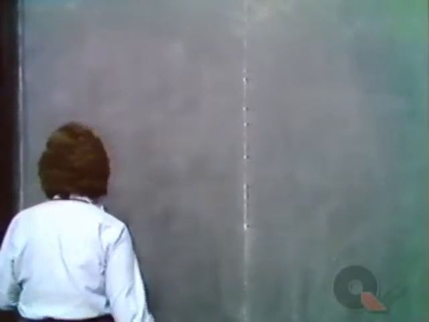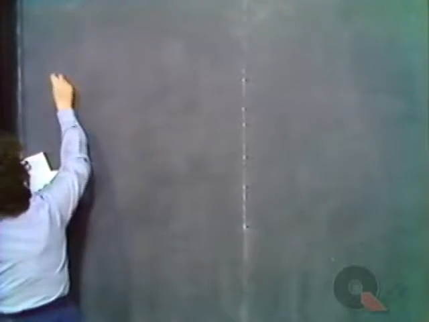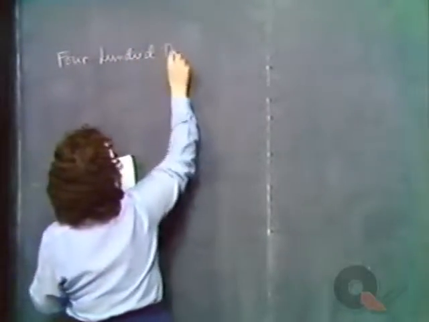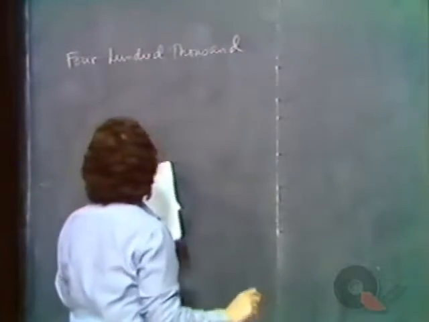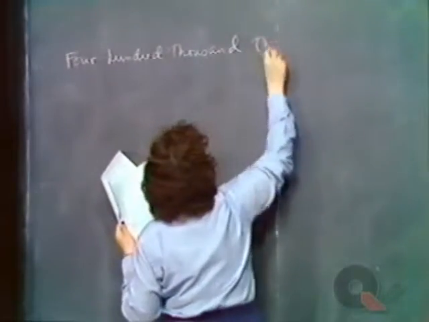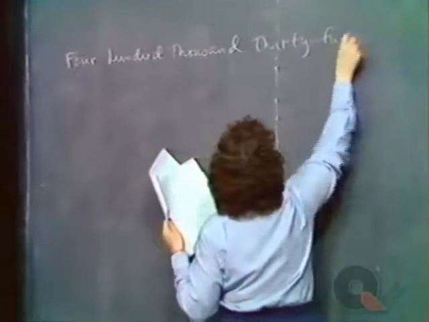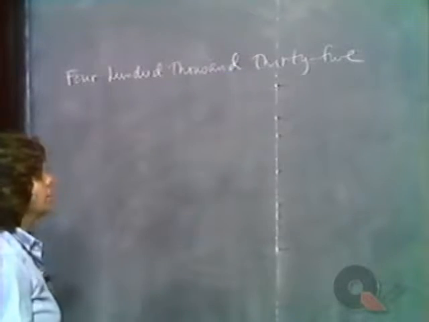Okay, let's try another one. $400,035. 400,000 plus 35.